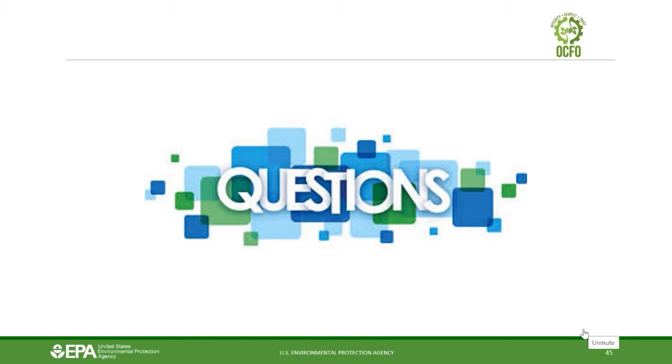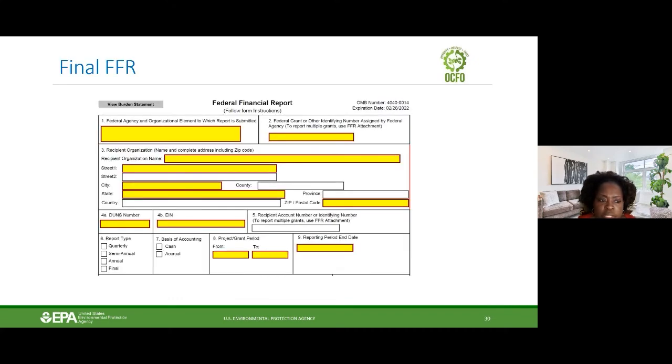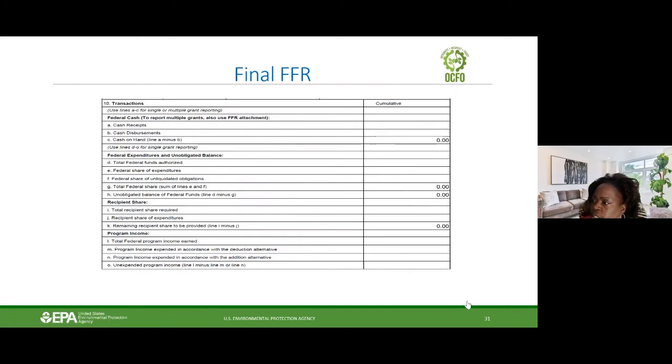So I have a question in the inbox pertaining to your federal financial report. Ryan, if you can go back to that slide, it's like slide 31. The next slide, please. Thank you.